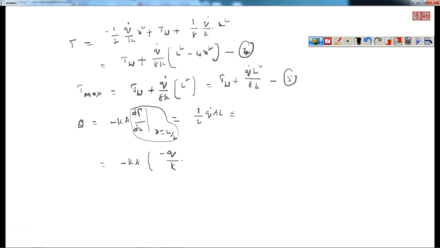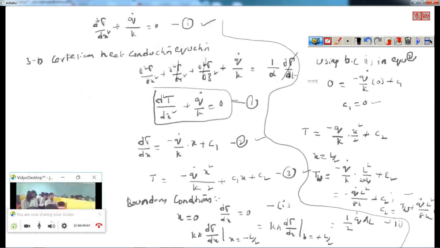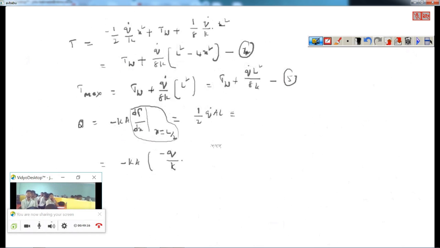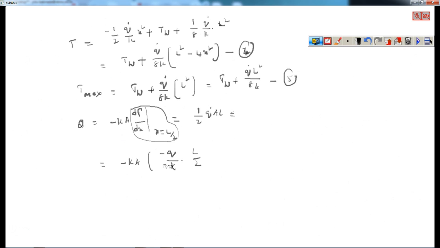What is mentioned here, you just check it, at x equals L by 2, this is equal to q by K into L by 2. Therefore, q by K into q by K L by 2, and I can use here 8 and here 8.